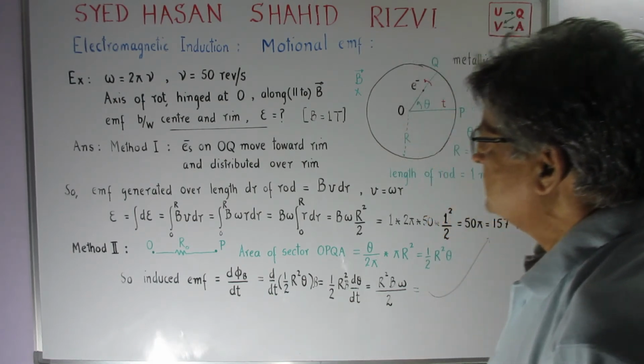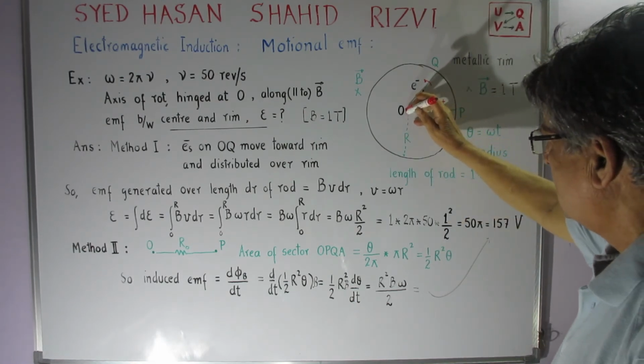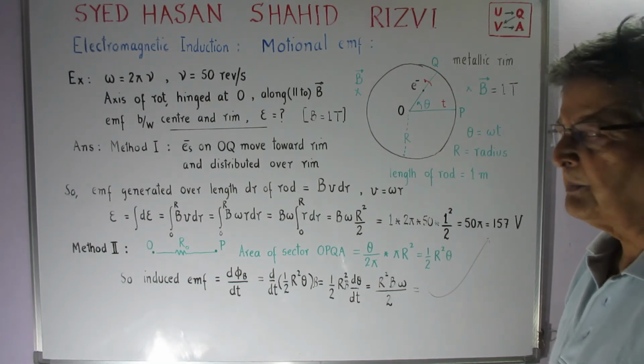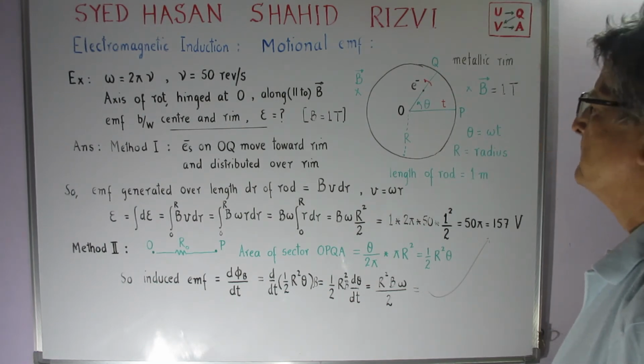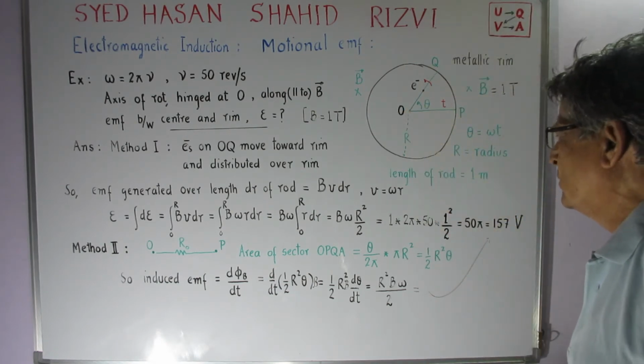Now the axis of the rotation is hinged at O, which is along the magnetic field, parallel or anti-parallel to it. It can go like this, it can go like this, doesn't matter at all.